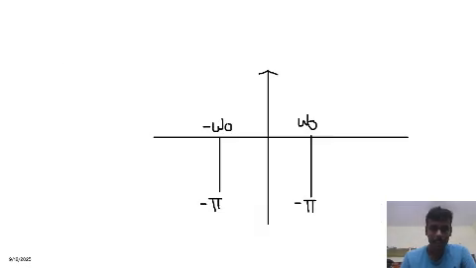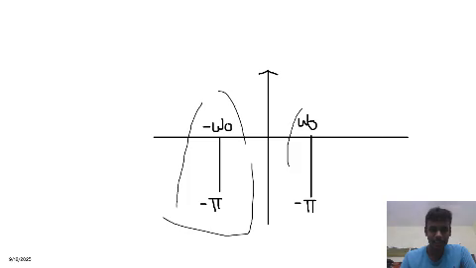So after multiplying these both signals, as we can observe, when the positive part is multiplied with 1, it does not change. But when the negative part is multiplied with -1, it is shifted towards the other side of the axis.